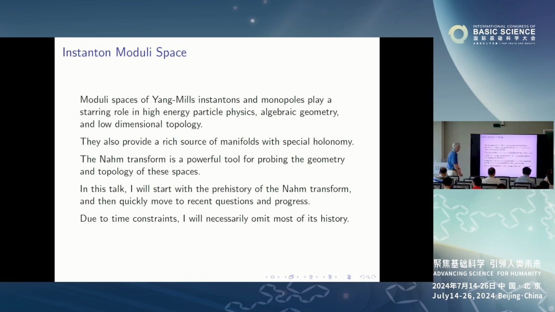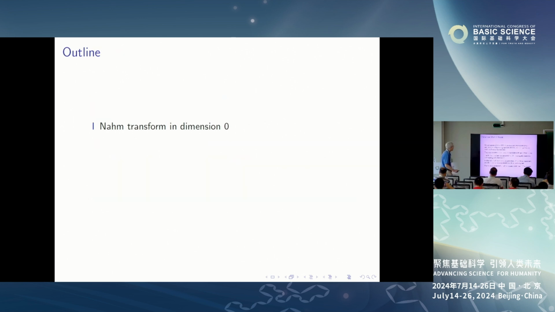And then I hope, since I see there are lots of young people here, to have some time to discuss accessible questions that are open for immediate attack. And as I said, due to time constraints, I, of course, will necessarily omit most of the genuine history of the Nahm transform. So many people have worked on this area.